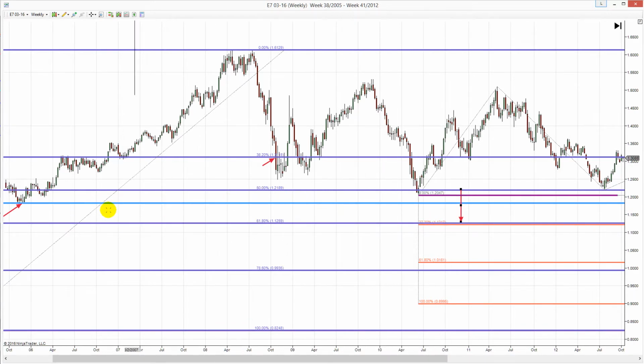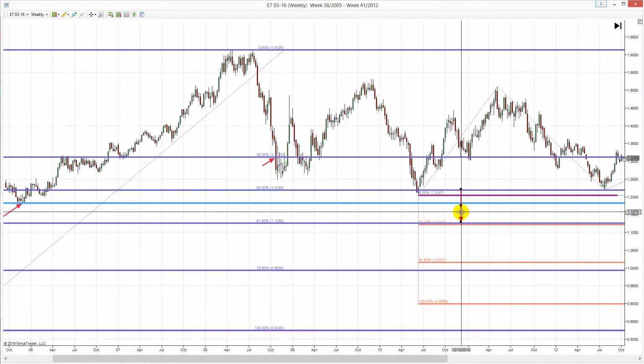Now, what's going to happen if we break that low, 120.47, and that was support 118. So it's 200 pips between those levels.